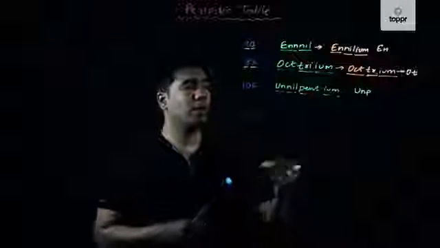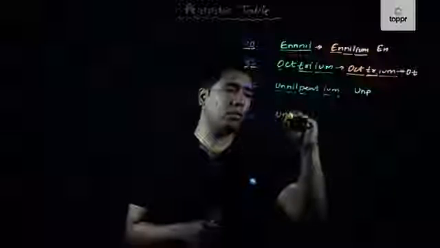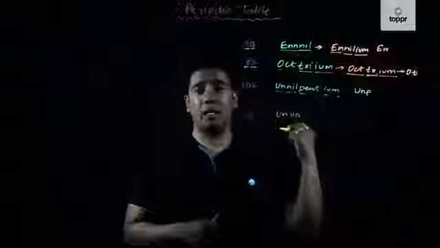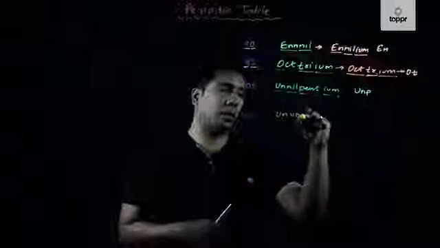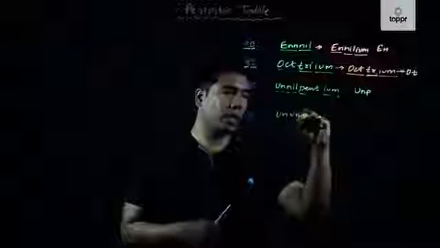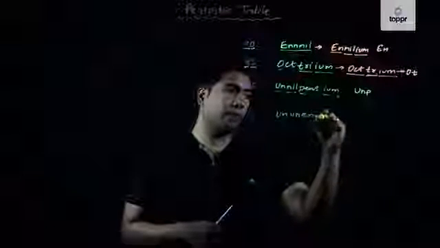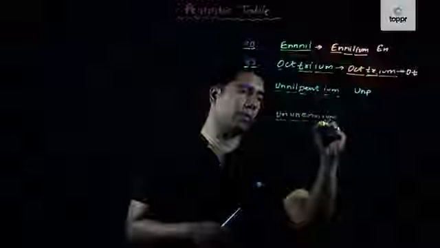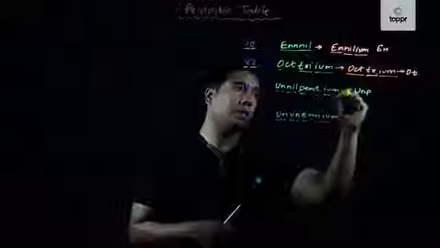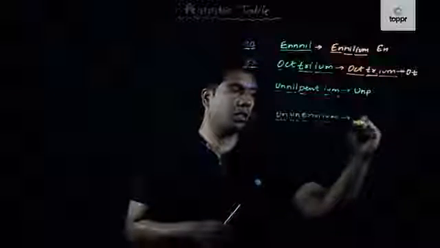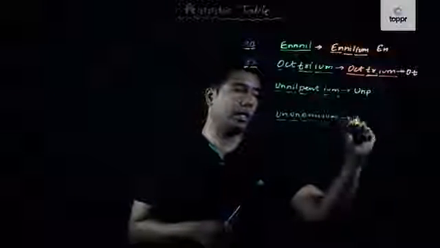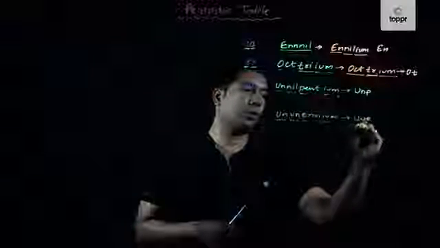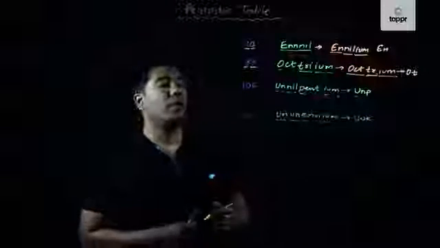In this case, the element will be named un, and then 9 will be nothing but ENN, and then finally IUM. So here we have first part, second part, third part, and fourth part of the name. Here the abbreviation will start with U, then U, and then E. So this will be the abbreviation which will be applicable.